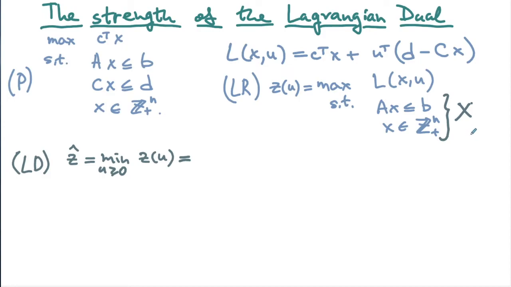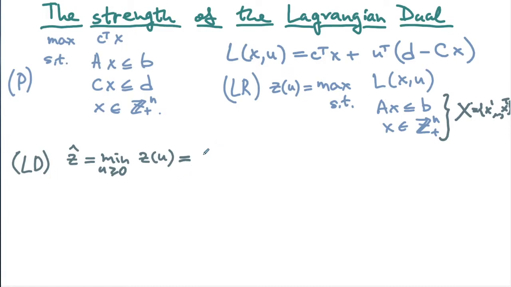This assumption is made for simplicity, and we'll derive what we want regarding the strength of the Lagrangian dual for this case, but the result holds in general. So assume that x consists of the points x1 through xT, let's say, T capital.